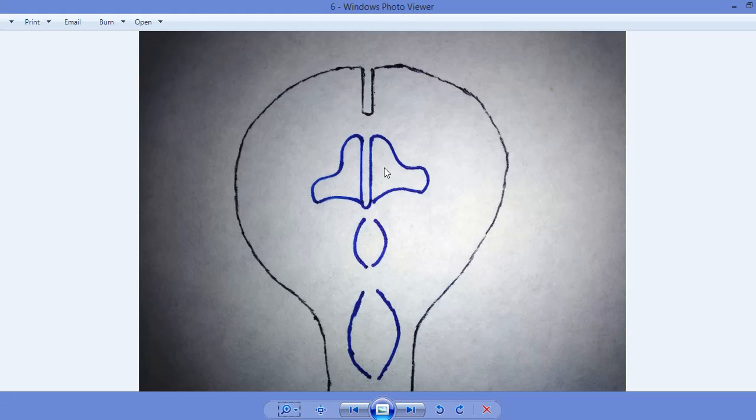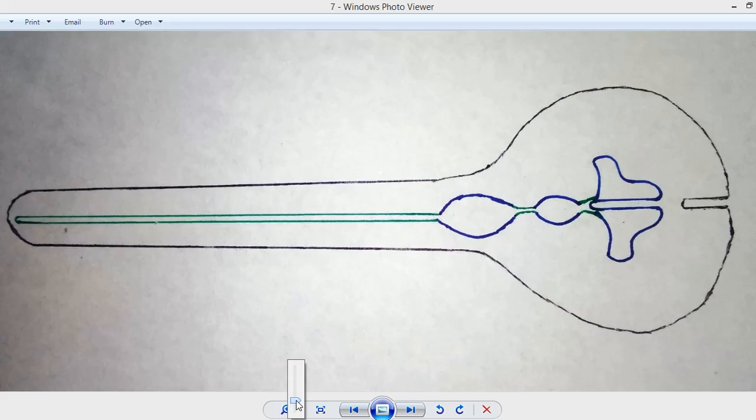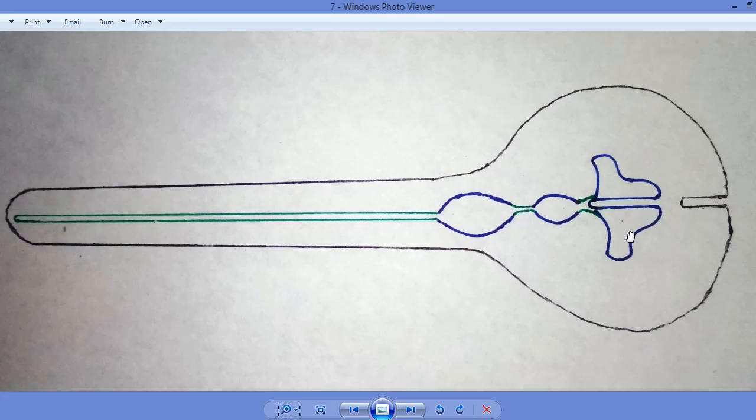Now in this slide, this is a very important slide, you should focus on this slide very attentively. Over here, this is the third ventricle and these are the lateral ventricles.